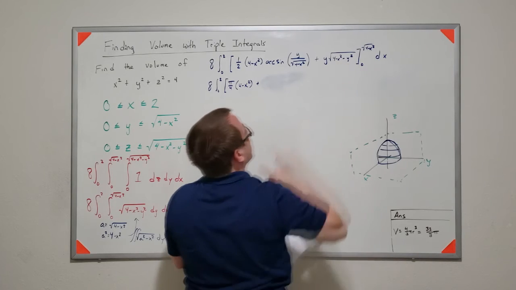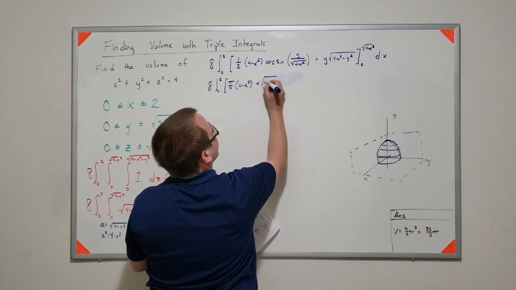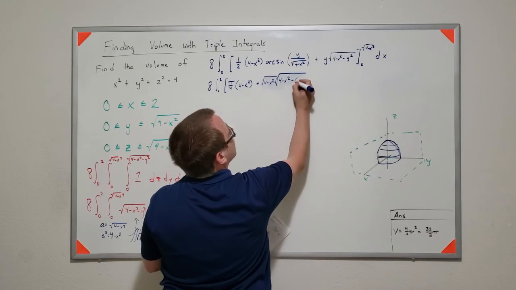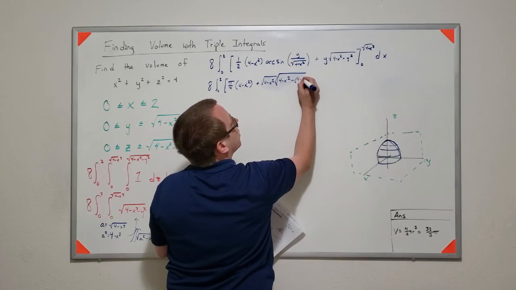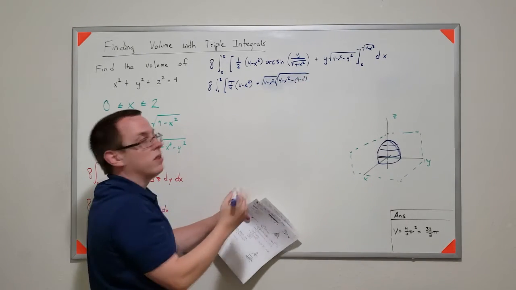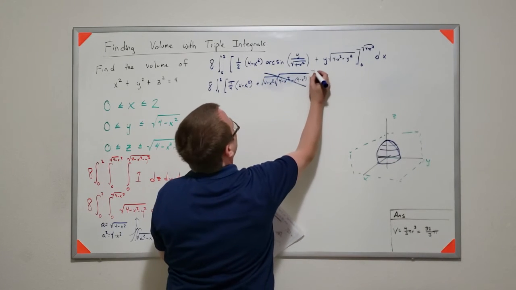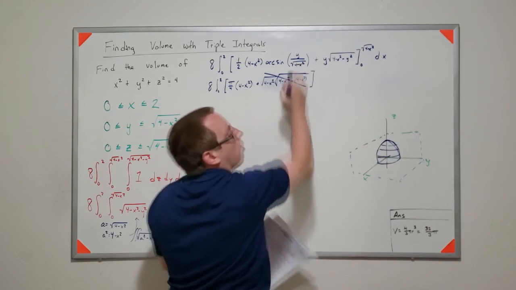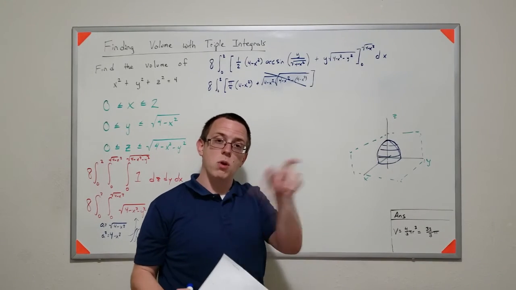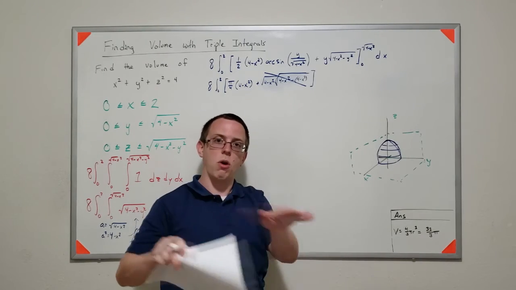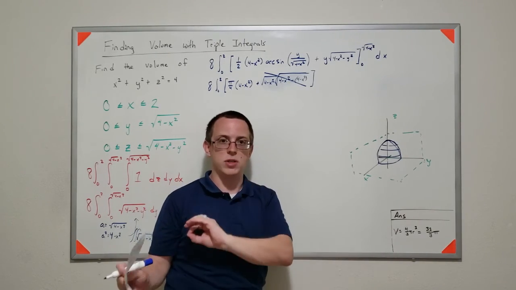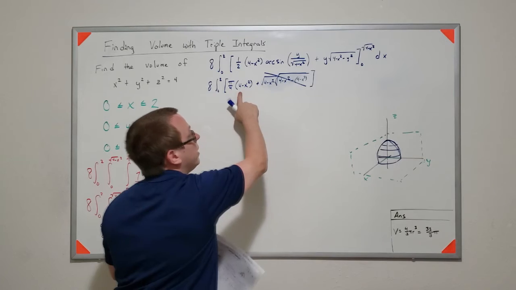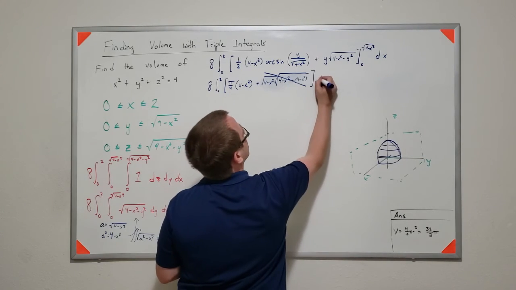If you plug in 4 minus x squared here, you end up with 4 minus x squared minus the square root of 4 minus x squared, squared. So this actually comes out to 0, so that goes away. And then when you plug in 0 here, arc sine of 0 is 0. Sine of 0 is 0, so arc sine of 0 is 0. Arc sine has that nice piece where at 0, sine and arc sine are the same value. And then when you plug in 0 here, that goes away. So at the end of the day, all you have is this piece.